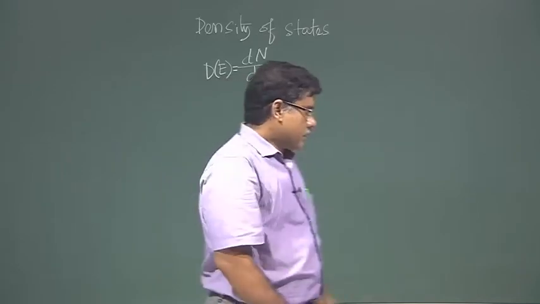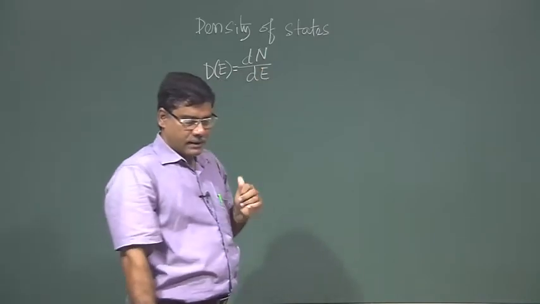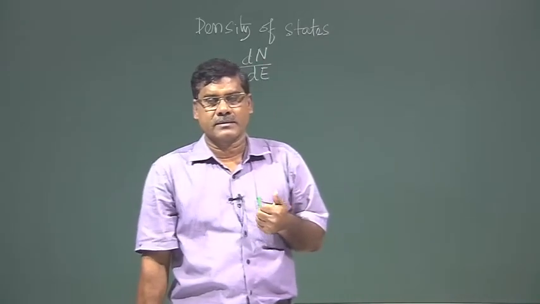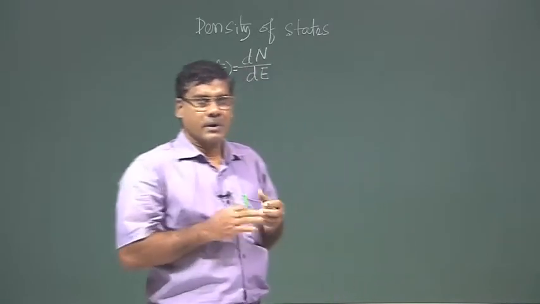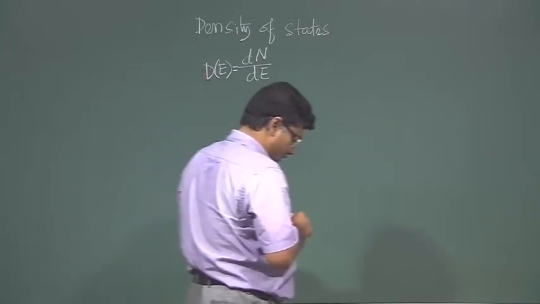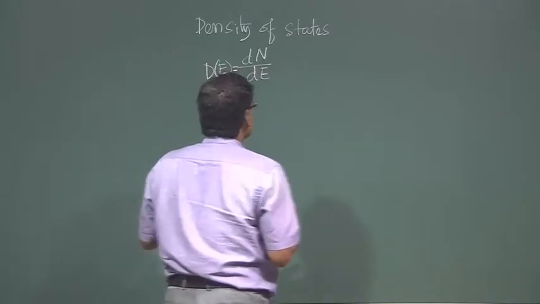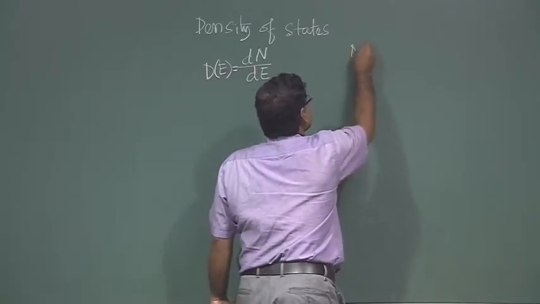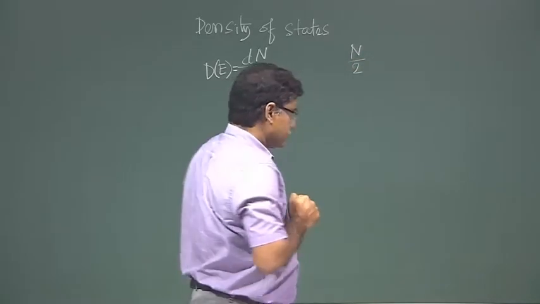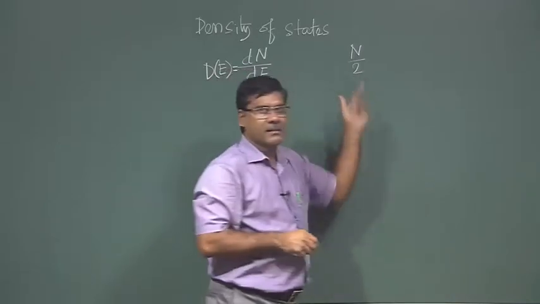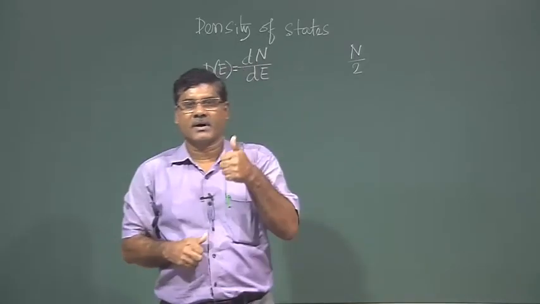Okay. So, what about n? N is basically what we have taken earlier as the number of electrons in the system. So, N is the total number of electrons in the system, and the number of orbitals will be half of that, right, because in each orbital 2 electrons can stay, one spin up and another spin down.